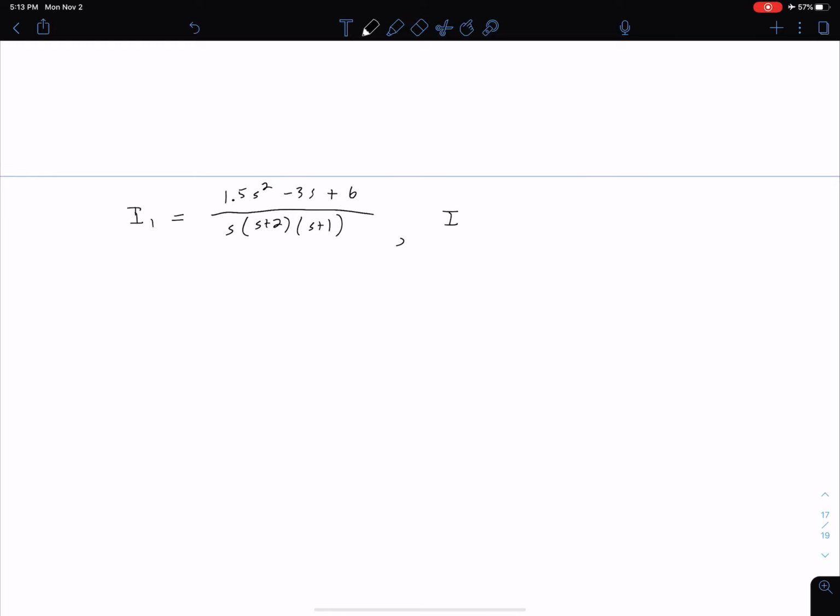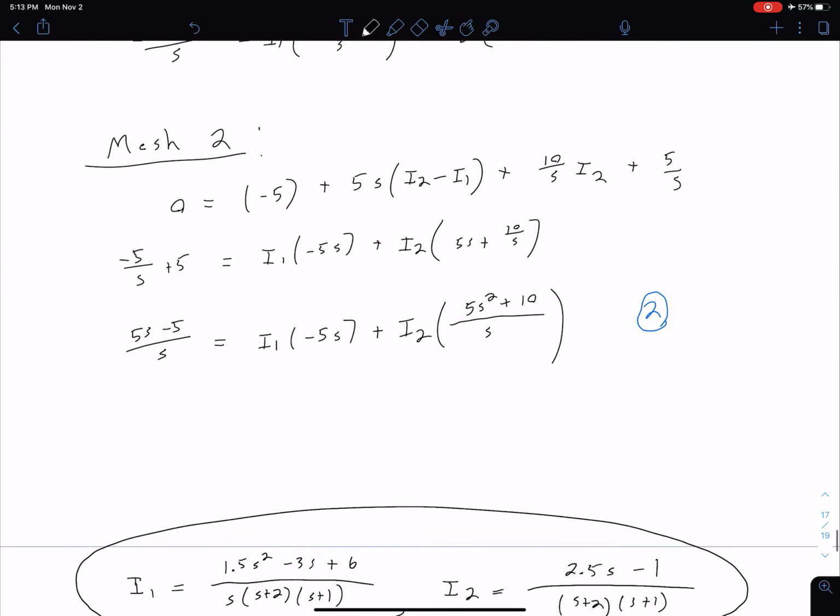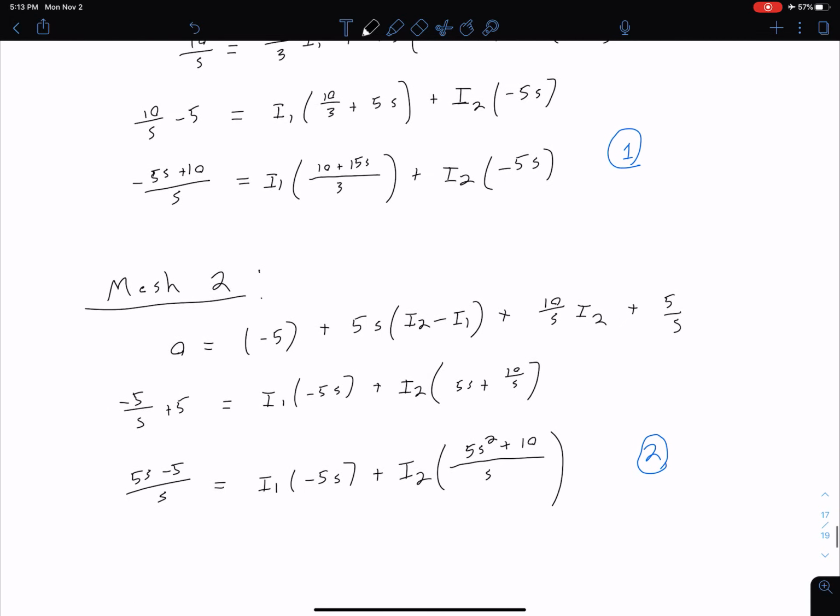And for our I2, we find that I2 is equal to, in the denominator we have (s plus 2) times the quantity (s plus 1), and in the numerator we have 2.5s minus 1. So these are the answers for our I1 and I2 from solving equations 1 and 2.